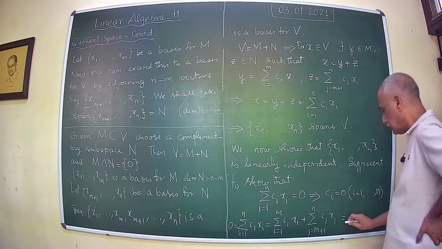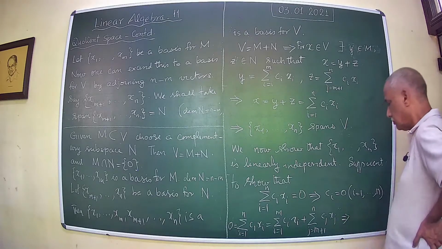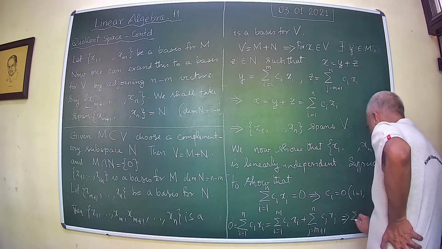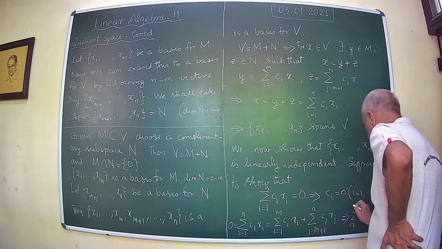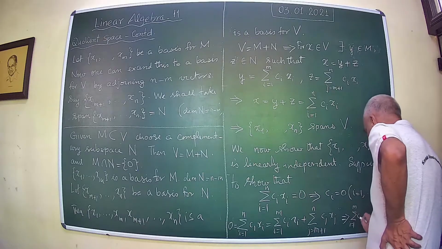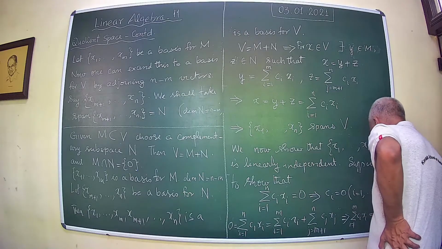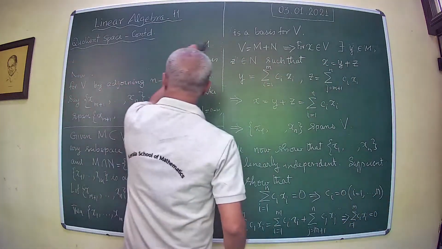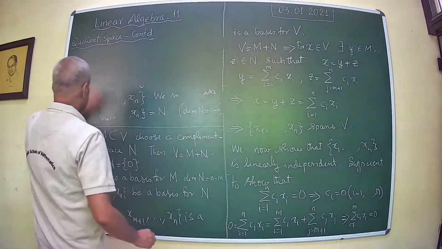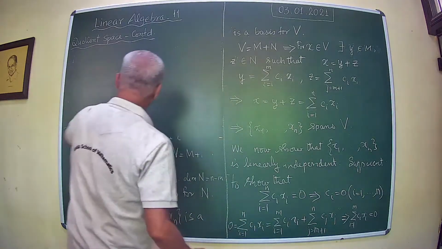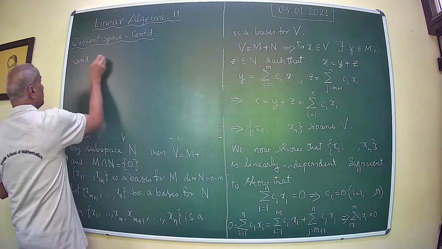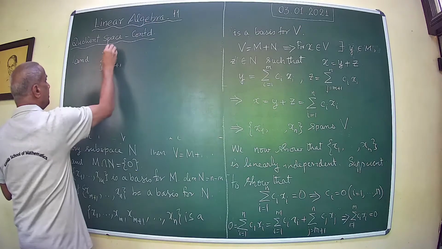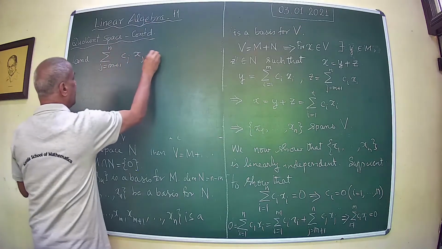This implies sum over i equal to 1 to m ci xi equal to 0 and sum over j equal to m plus 1 to n cj xj equal to 0.